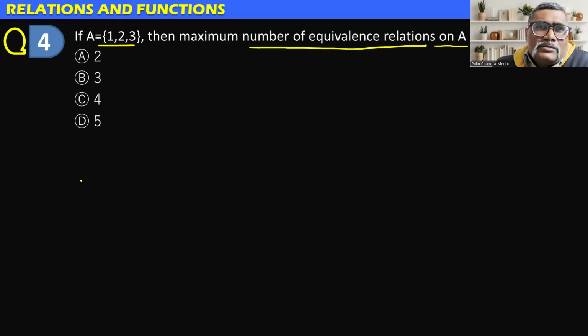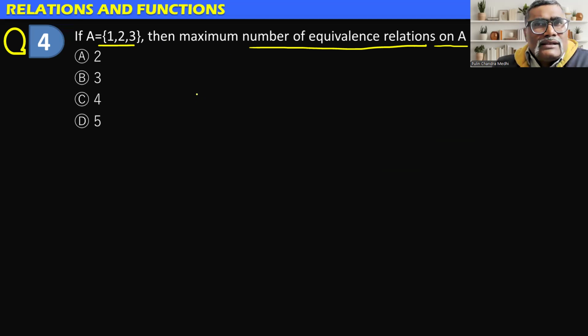I think there is something missing here. Maximum number of equivalence relations, because it must be symmetric, it must be transitive, it must be reflexive, right? So the number of reflexive relations will be here.